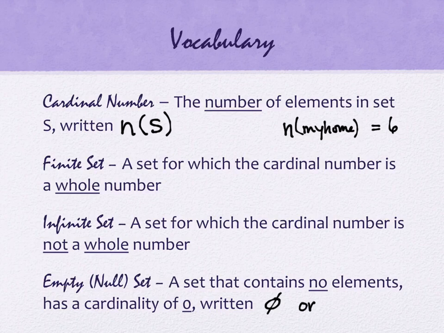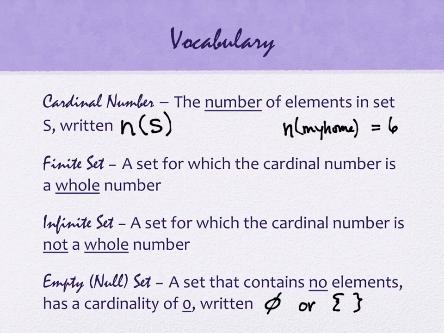Or there's another one where you do a curly brace and you just don't put anything inside, which is a very intuitive way of describing it. It's an empty set because it's a set and it's empty. There are lots of things that you can describe as empty sets.